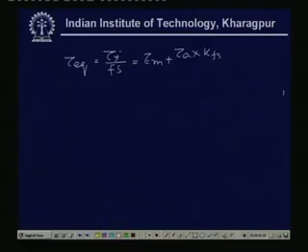Again you see we are multiplying only the stress amplitude part, but not the other thing, the mean stress.